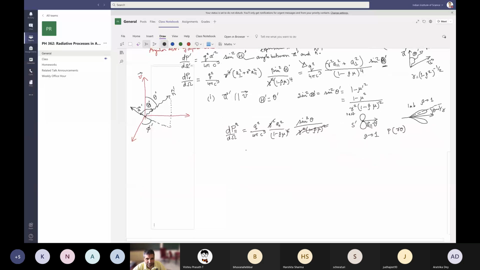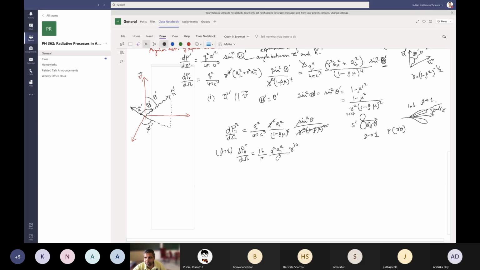So for the beta going to 1 limit, this becomes dP parallel by d omega equal to 16 by pi q squared a parallel squared divided by c cube, gamma to the 10.